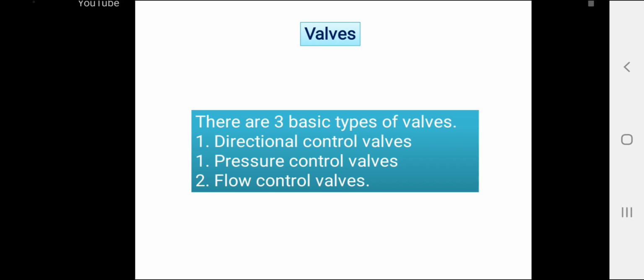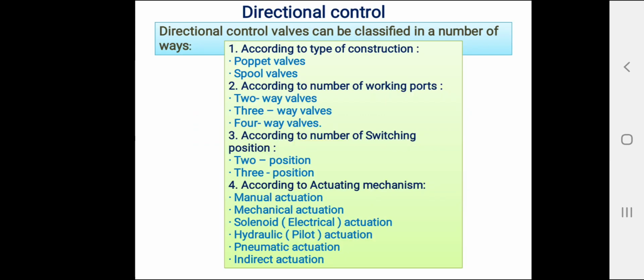As the name implies, direction control valves are used to control the direction of flow in a hydraulic circuit. They are used to extend, retract, position, or reciprocate hydraulic cylinders and other components of linear motion.